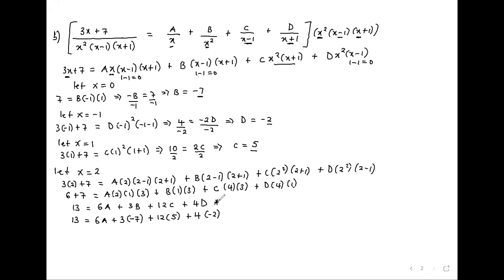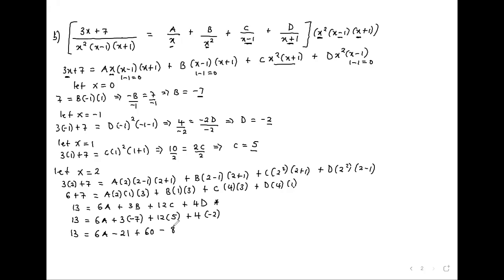But because I know what B is, I know what C is, I know what D is, I now substitute those known values. Then we have 13 is equal to 6a minus 21 plus 60, 12 by 5, minus 8, 4 by 2.